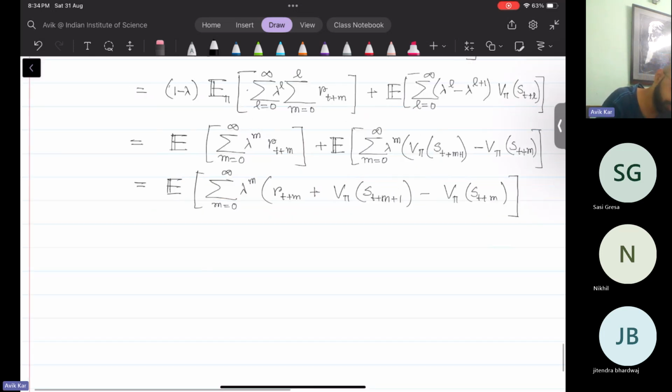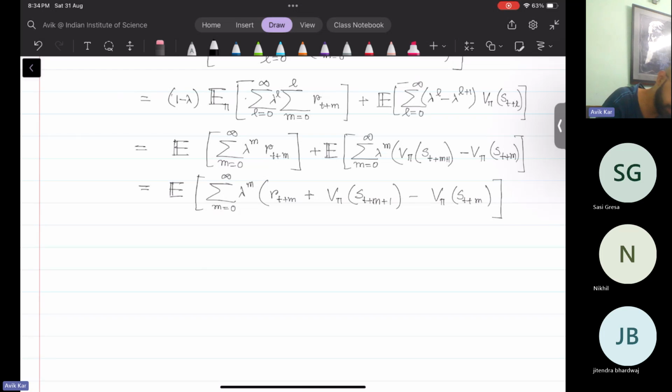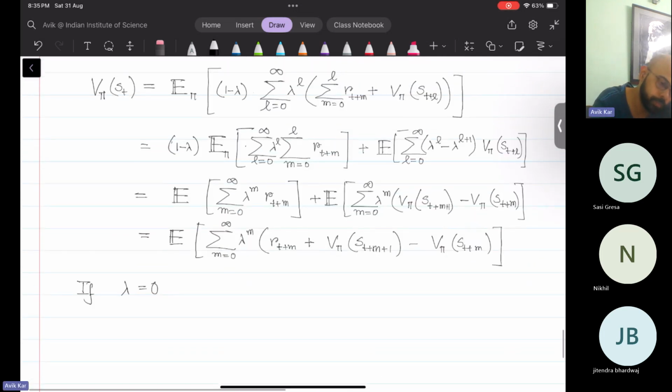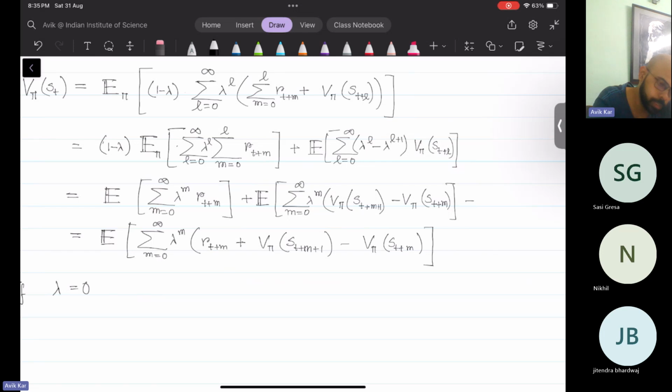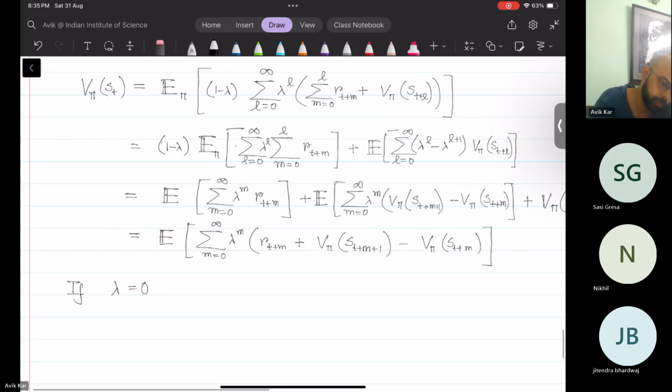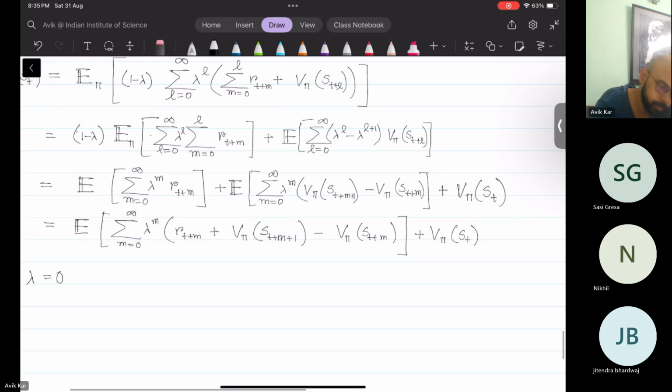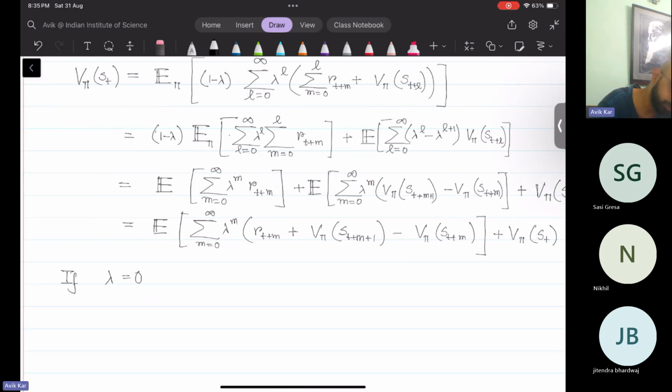Now, if lambda equals 0, what I think is there will be an additional term of V pi s_t. So from here to here, this term will come.